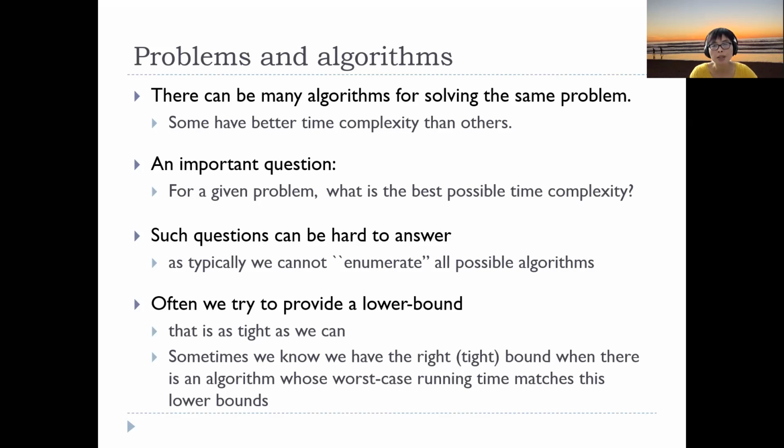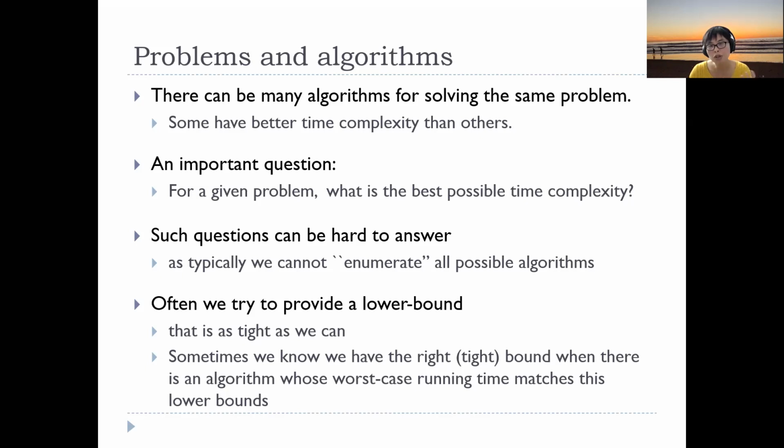This kind of question is intuitively very hard to answer, but it's important, because if you know that sorting cannot be done by any algorithm faster than n log n, that means don't even try to get a linear time algorithm for sorting, since there's already a result saying that no algorithm can run better than n log n.